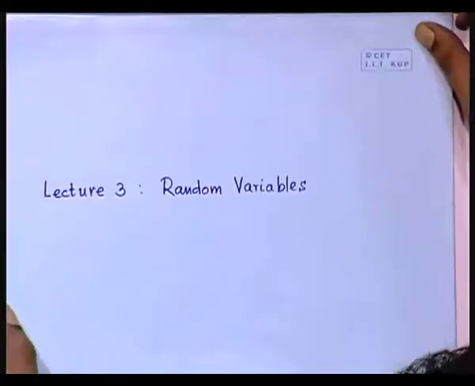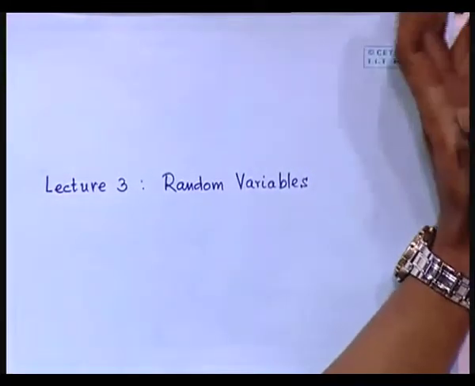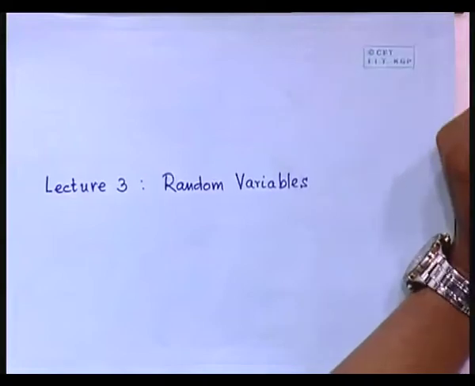Now, as usual we will have to first learn what is a random variable. Actually, it so happens that suppose you have an experiment. We have seen in the last class that if we have an experiment, it will have certain outcomes and we can assign probabilities to its various outcomes.